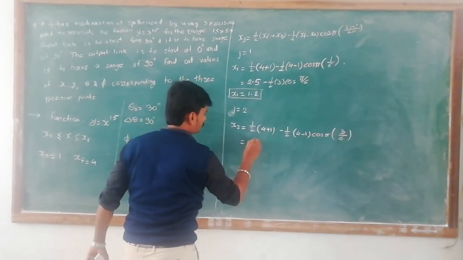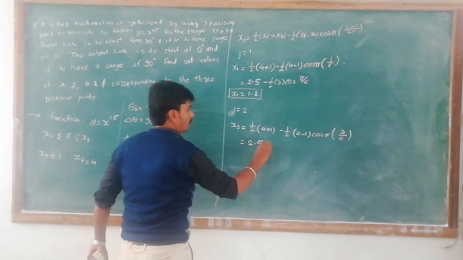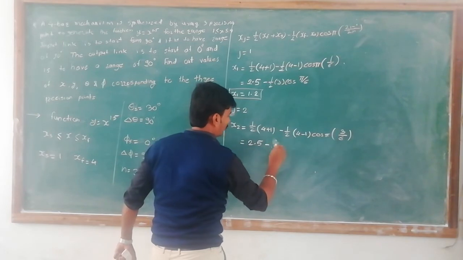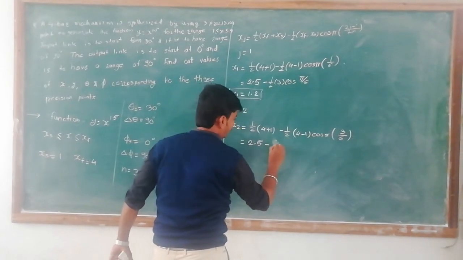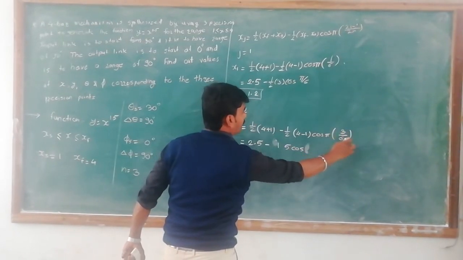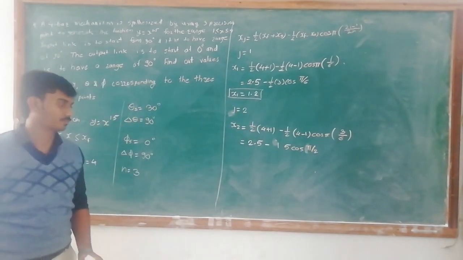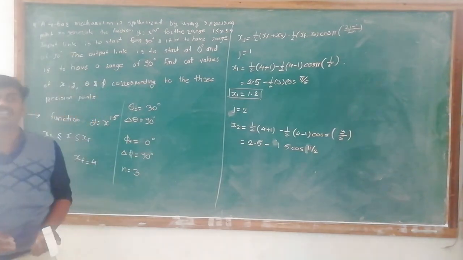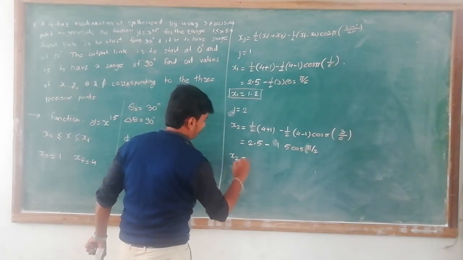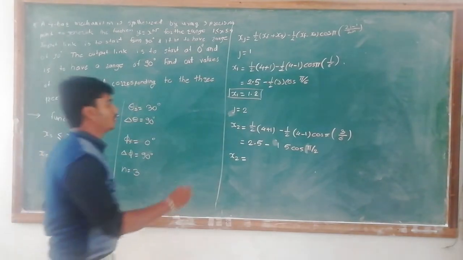So it is 4 plus 1, 5, 5 divided by 2 is 2.5, minus 1/2 into 3, that is 1.5, into cos of 3 divided by 6, which is pi by 2. Cos of pi by 2 is cos 90, which is equal to 0. So we will get x2 is equal to 2.5.